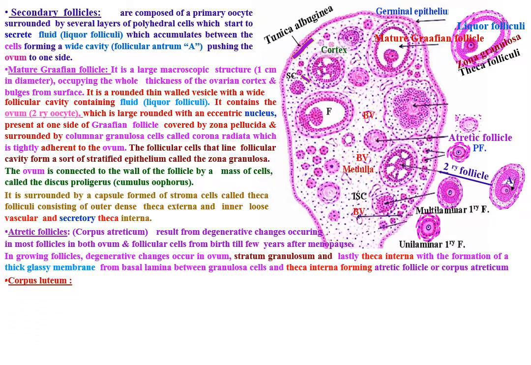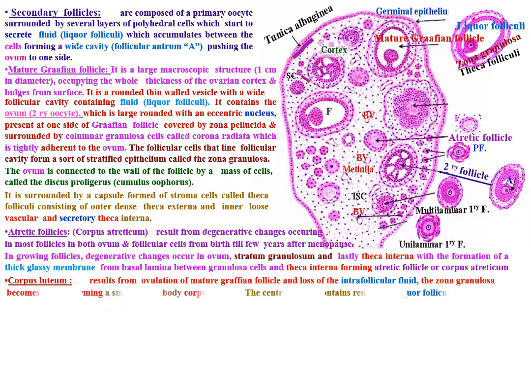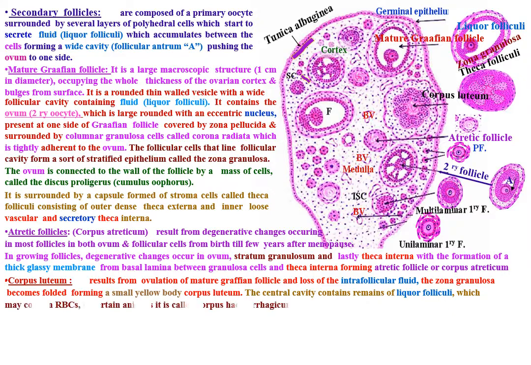Corpus luteum, on the other hand, results from ovulation of the mature Graafian follicle and loss of intrafollicular fluid. The zona granulosa becomes folded, forming a small yellow body, corpus luteum, the central cavity of which contains remains of liquor folliculi and sometimes RBCs.